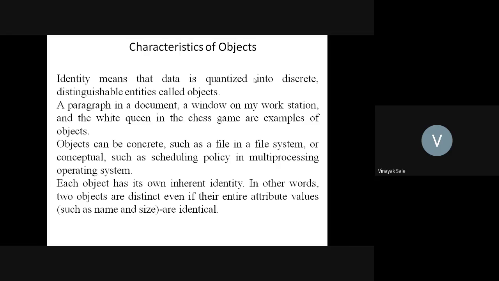Objects can be concrete, such as a file in a file system, or conceptual, such as a scheduling policy in a multiprocessing operating system. Each object has its own inherent identity. In other words, two objects can be distinguished from each other even if all their attribute values, such as name or size, are identical.